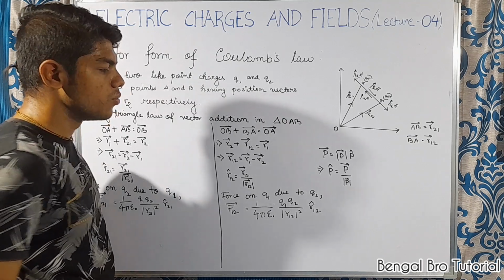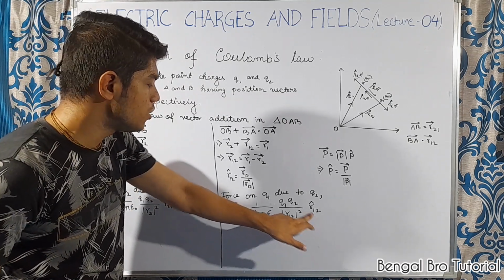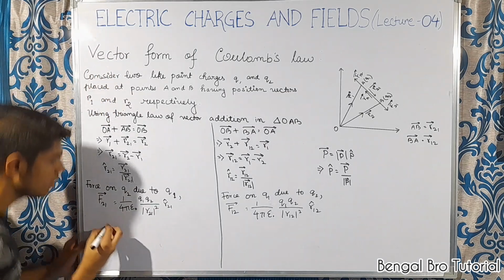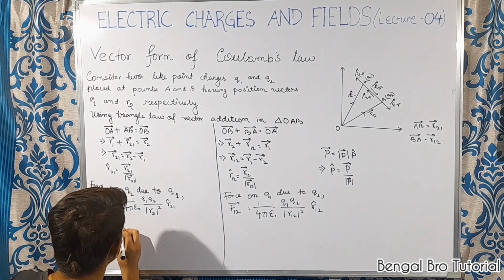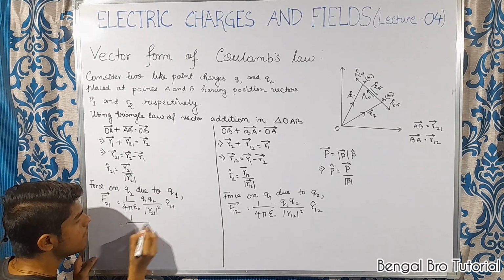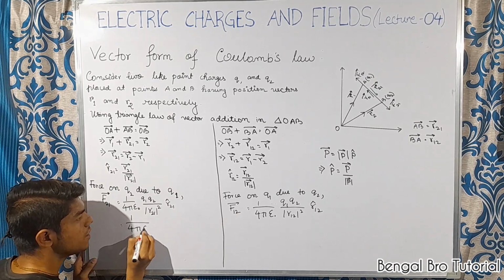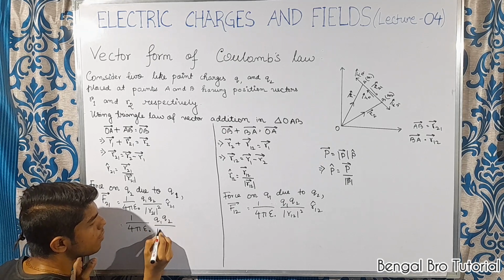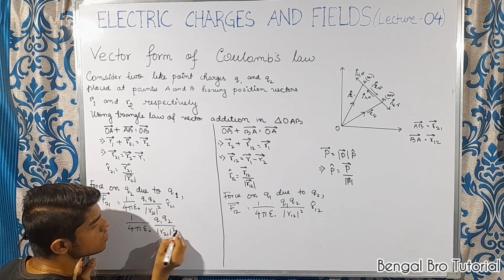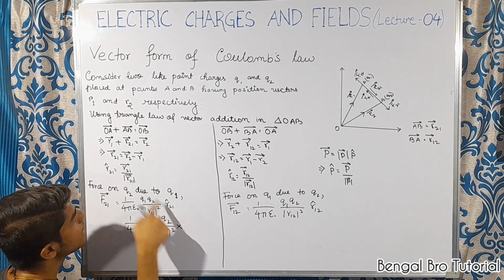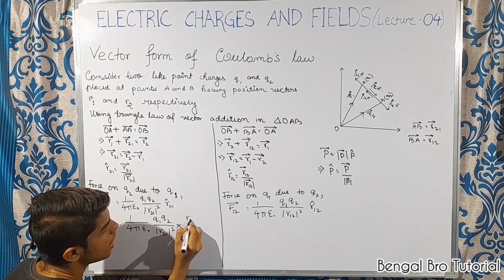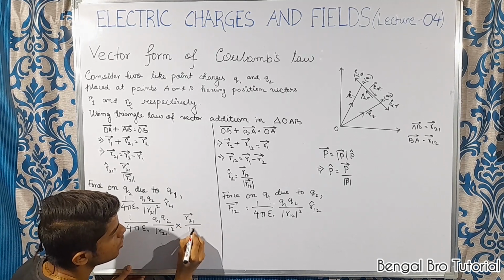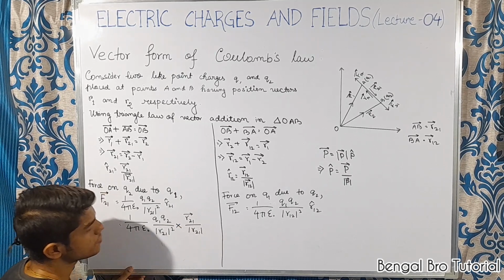Now in the next step, we are going to just substitute R21 cap with this value, and then we will get 1 by 4 pi epsilon naught Q1 Q2 by mod of R21 square into R21 cap, which can be written as R21 vector by mod of R21.